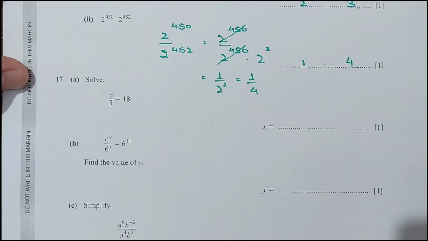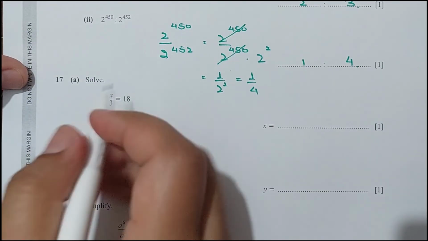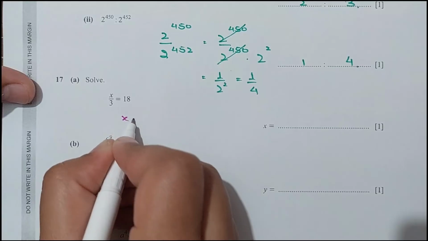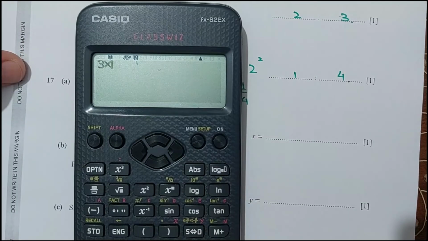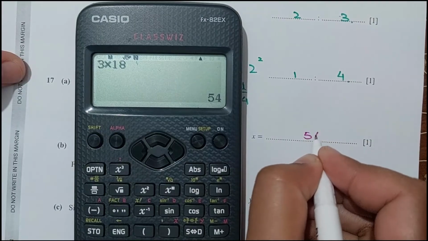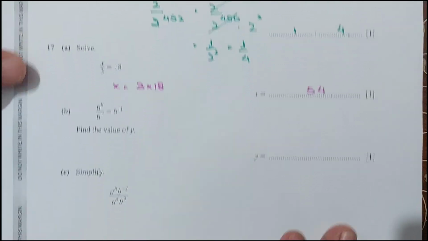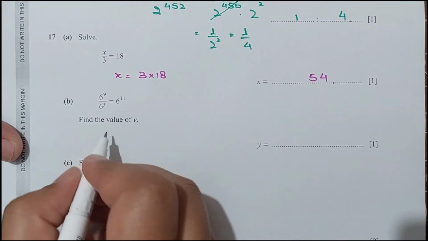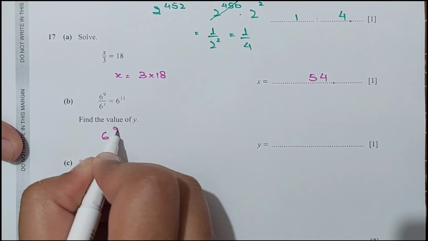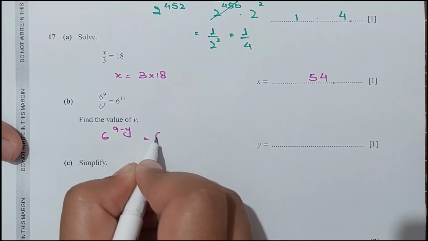Question number 17, part A, we have to solve for x. So x would be equal to 3 times 18. 54 is the x value. Part B, find the value of y. 6 to the power 9 minus y equals 6 to the power 11.